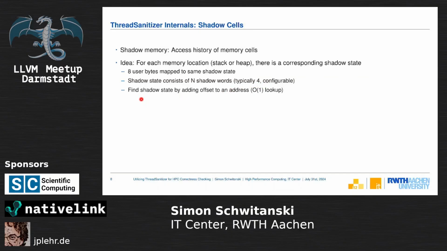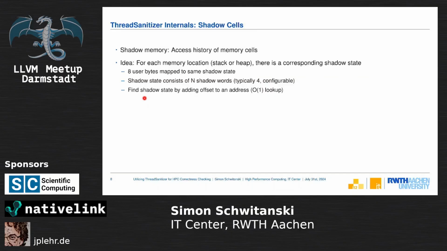And the nice thing about this shadow memory is that if you have an access to a memory address, then you can look up the corresponding access history in the shadow memory by just adding an offset to that address. The mapped shadow memory cell is found by adding something to the current address, and this gives you constant lookup times, which is of course really important.